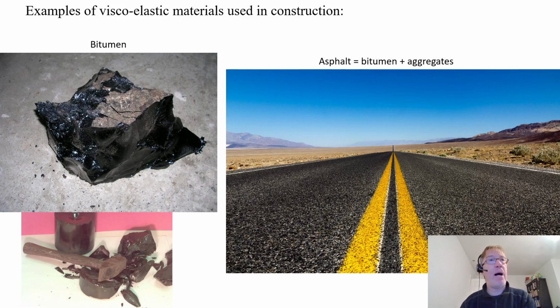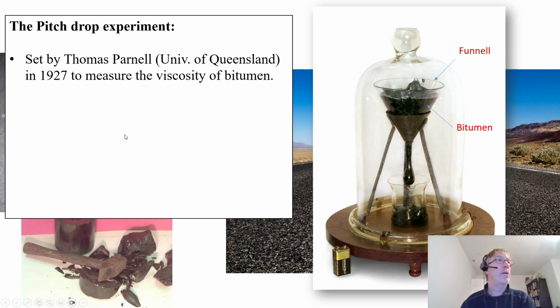Now, in the past, people would talk about, let me rephrase that, that's not true. People still talk about asphalt as having that viscoelastic behaviour, because asphalt absolutely does. In fact, there's a very famous experiment, here it is, where they have got bitumen, or asphalt essentially, within a jar, and it drips.